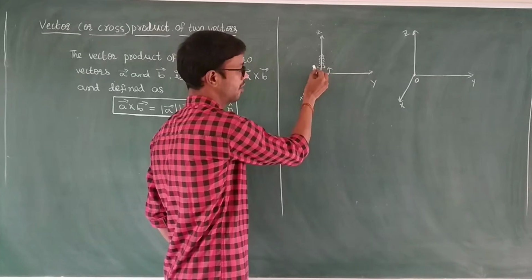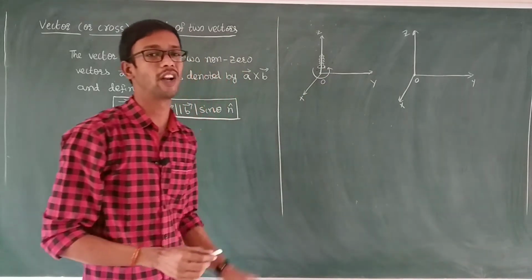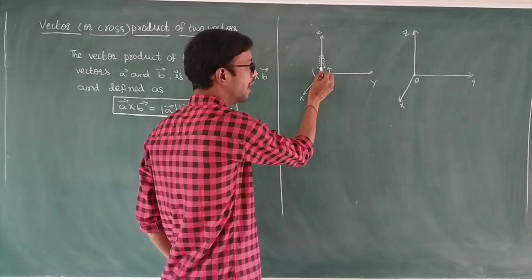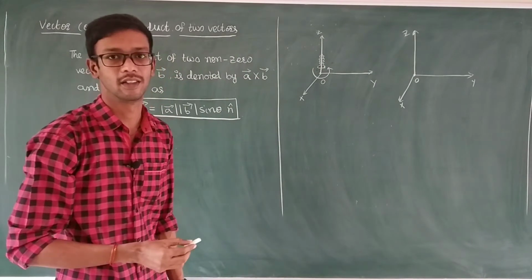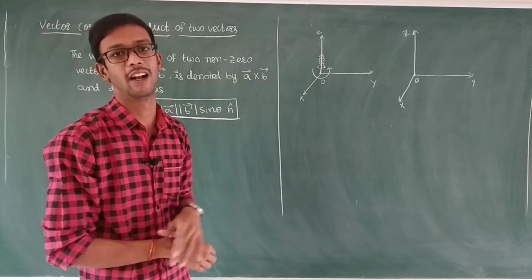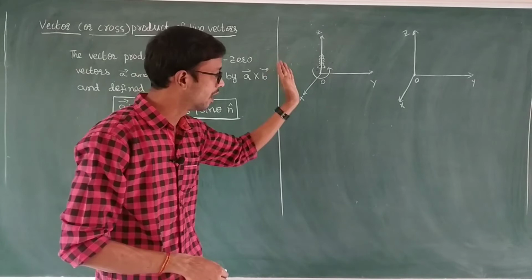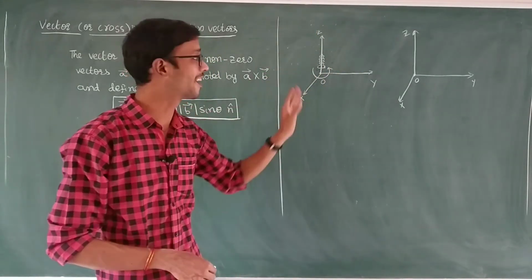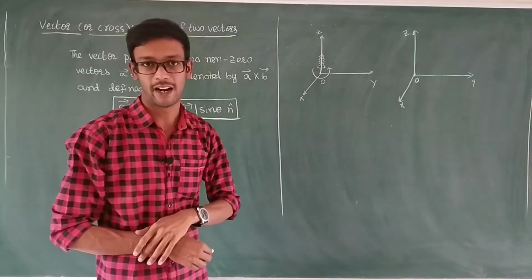If you rotate from x to y in the counterclockwise direction, the screw will go inside, towards the z-axis. When rotating anti-clockwise from x to y, it goes towards the z-axis. That is the resulting direction.